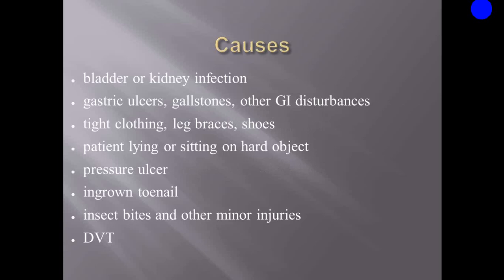Also, there are other causes such as bladder or kidney infection, gastric ulcers, gallstones, other GI disturbances, tight clothing, leg braces, shoes, the patient sitting or lying on hard objects, pressure ulcers, ingrown toenails, insect bites and other minor injuries, and deep vein thrombosis.